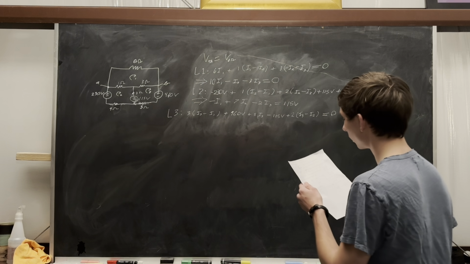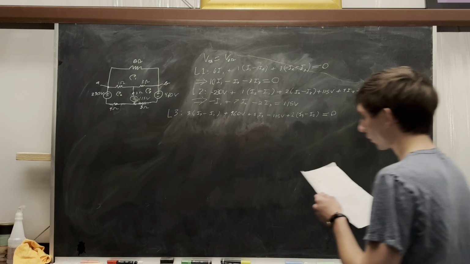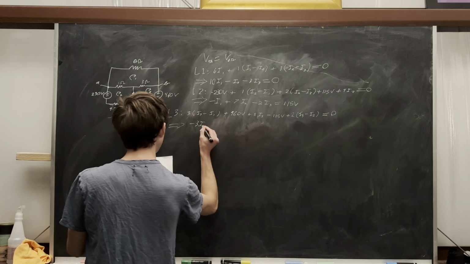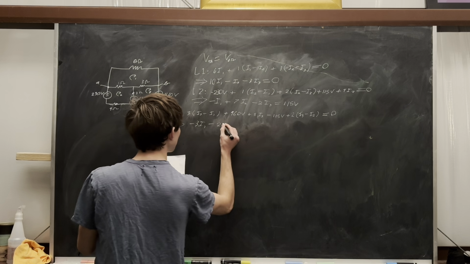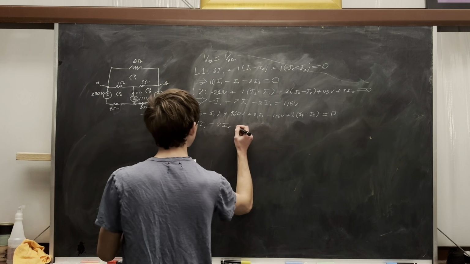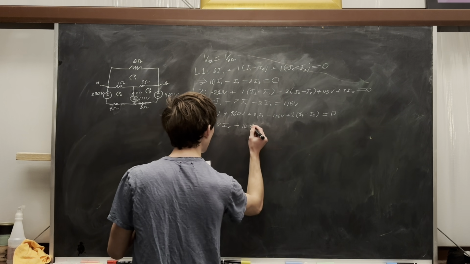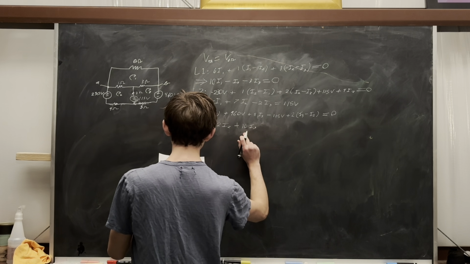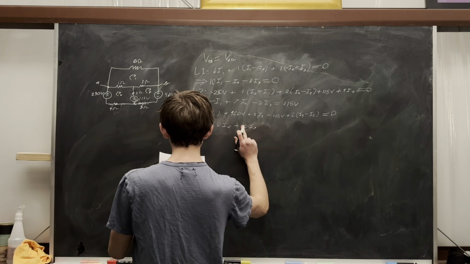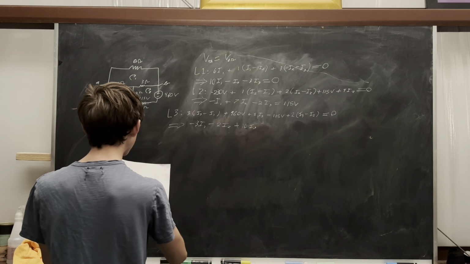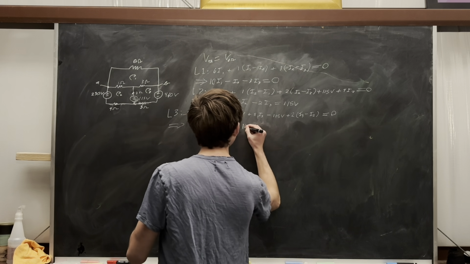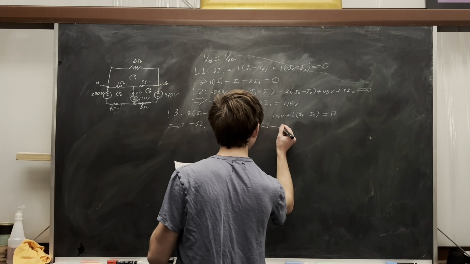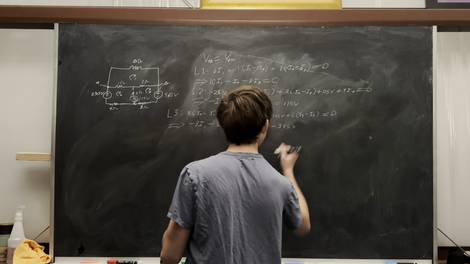That all equals 0. You simplify that and you get minus 3I1 minus 2I2 plus 10I3 equals minus 345 volts.